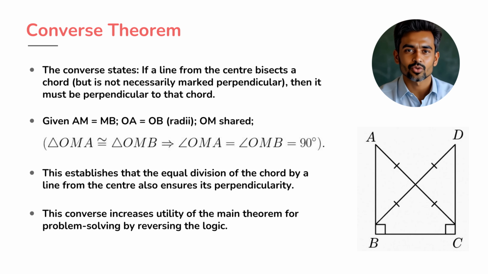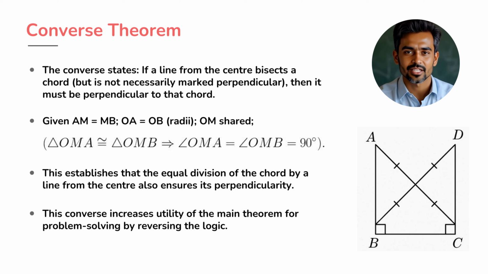This is because the two triangles OMA and OMB still are congruent, with OA equals OB, OM shared, and AM equals MB given. Congruent triangles mean equal corresponding angles. So angle OMA equals angle OMB. If these two angles are equal and lie on a straight line, they must both be right angles, that's 90 degrees each. Hence, the line from the center is perpendicular to the chord.